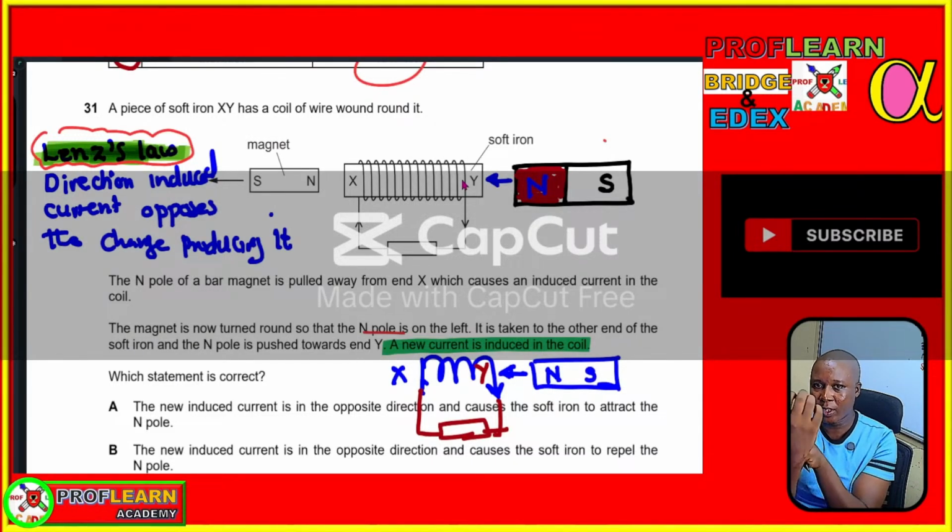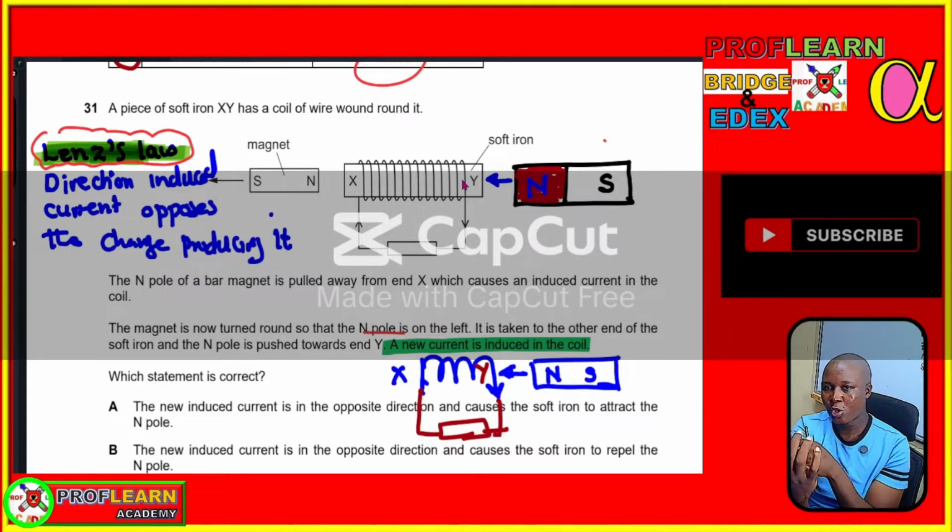Assume you are holding the coil, these fingers carry around the coil like that, and the thumb points towards the north pole. The fingers tell you the direction of the current, and the thumb tells you the direction of the field. So the north pole is on this side, so it's going to oppose the north pole of the magnet.